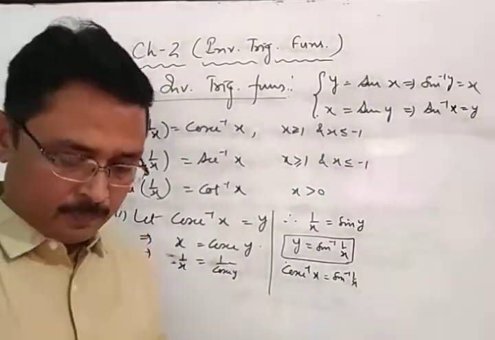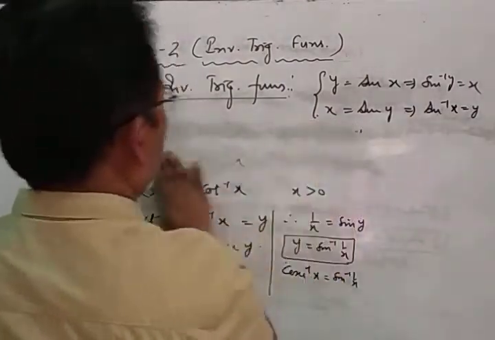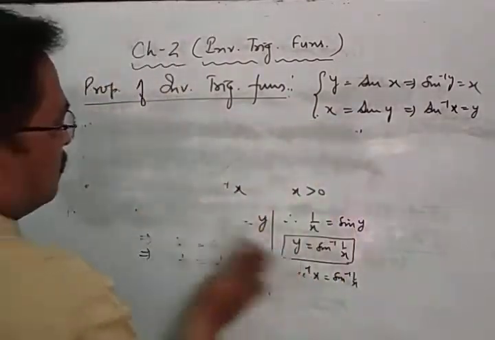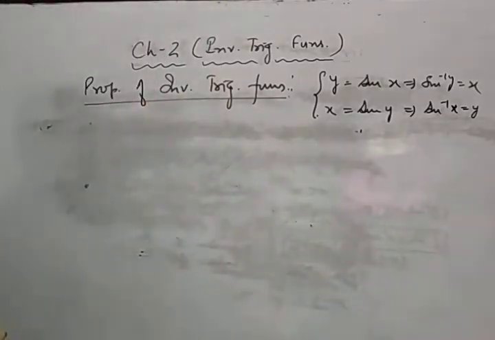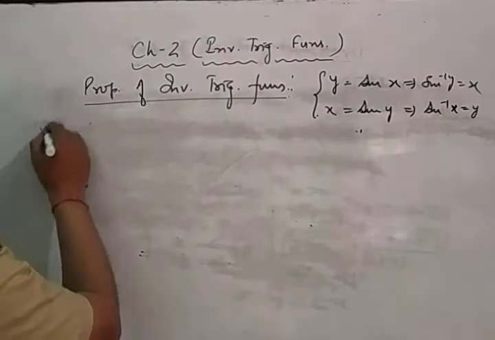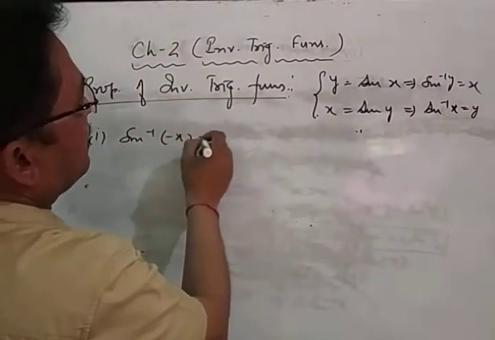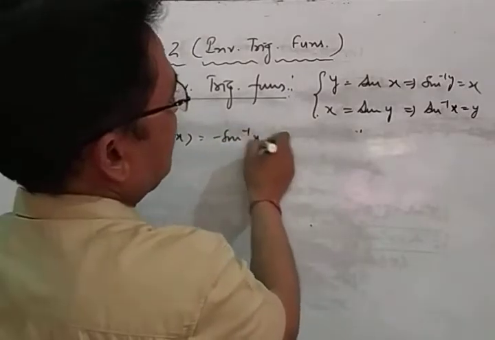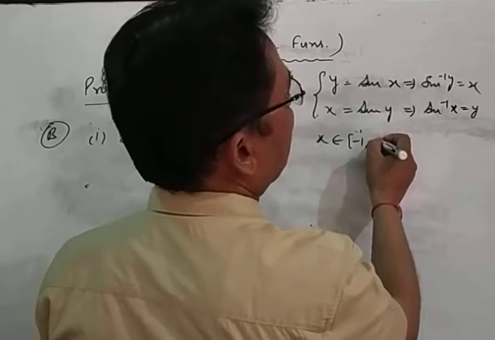Now next, first one, sine inverse of minus x is equal to minus sine inverse x when x belongs to closed interval minus 1 and plus 1.